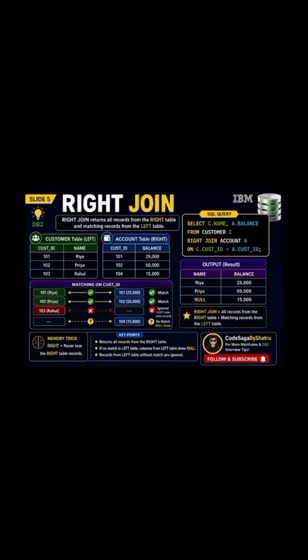However, there is no matching customer, so the name column becomes null. Customer ID 103 exists only in the customer table, so it does not appear in the result. Remember this interview rule: right join equals all records from the right table plus matching records from the left table. Now you know the difference between inner join, left join and right join.